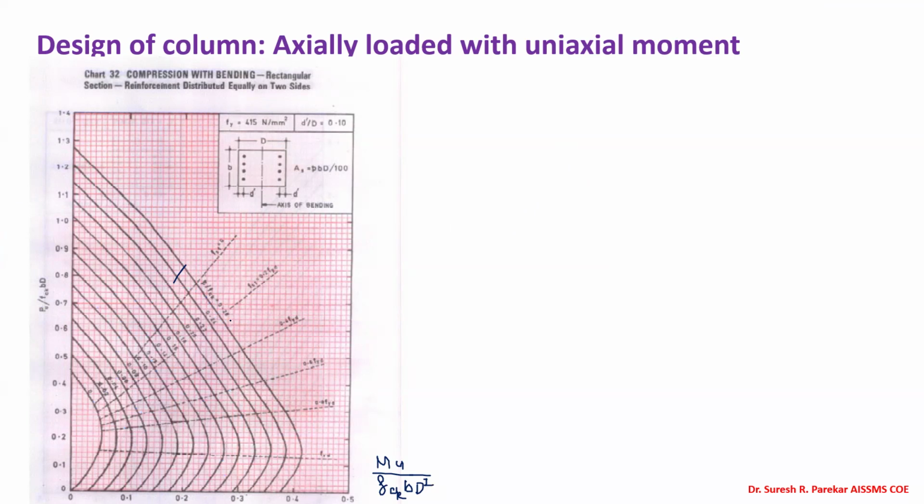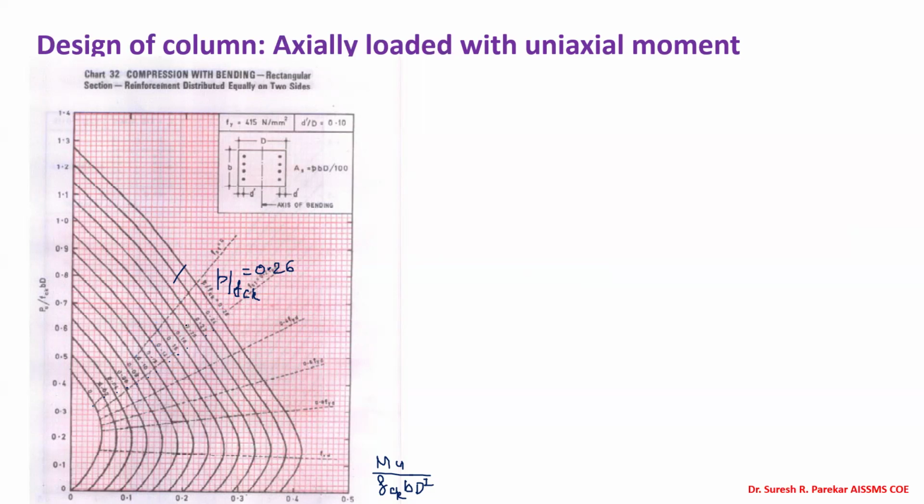Now you can see the values 0, 0.02, 0.04, 0.06, 0.08, 0.1, 0.12, 0.14, 0.16, 0.18, 0.2, 0.22, 0.24, and 0.26. So till p by fck, the maximum value we have is 0.26.